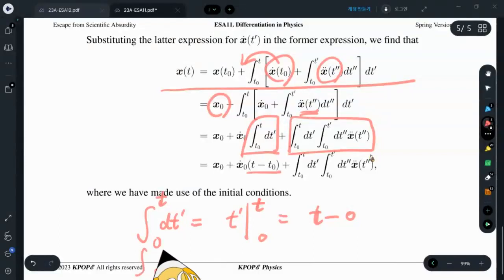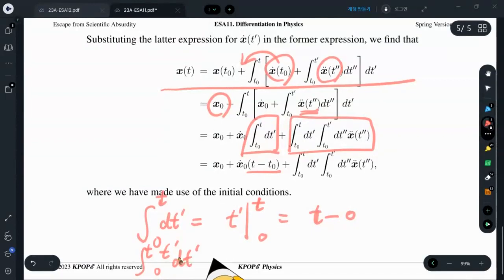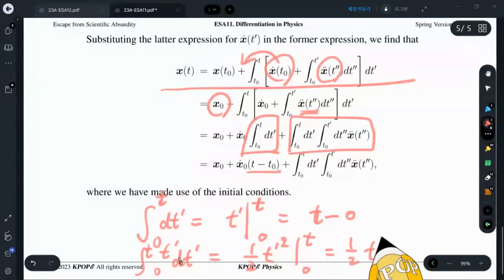What happens if I have t prime dt prime from 0 to t? In that case, it is 1/2 t prime squared, from 0 to t. So it is 1/2 t squared.